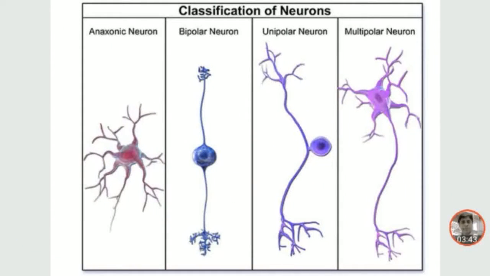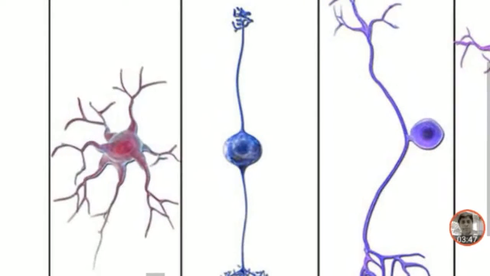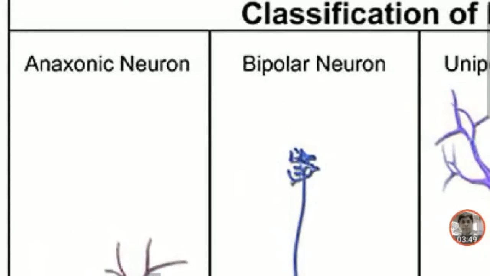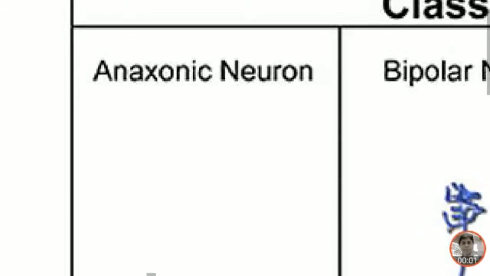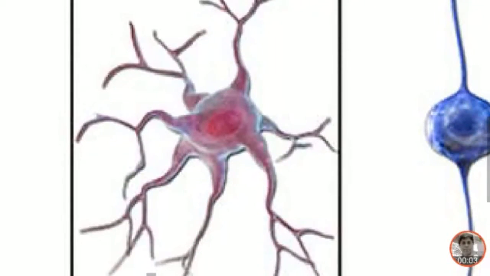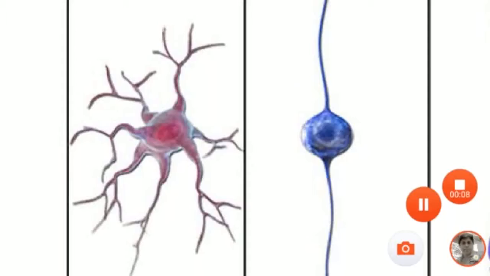Neurons are of different types. Neurons with simply cyton are called anaxonic neurons. An anaxonic neuron consists of no axons, only cyton and dendrites are present.